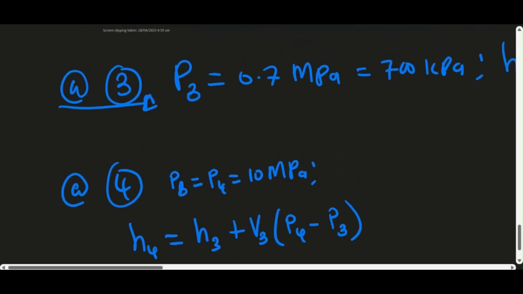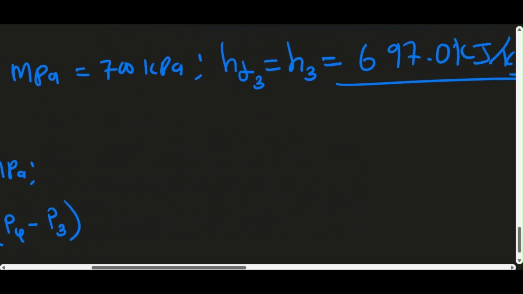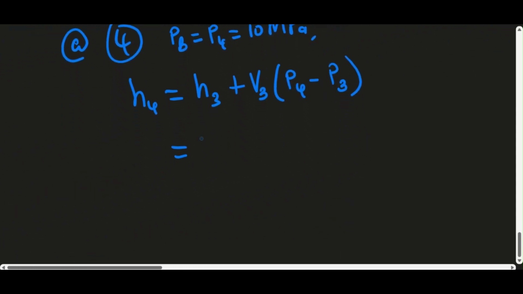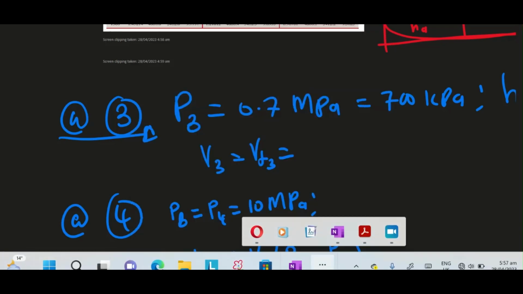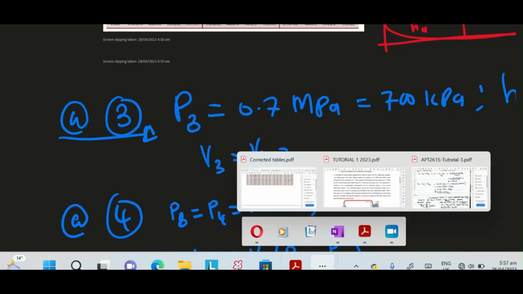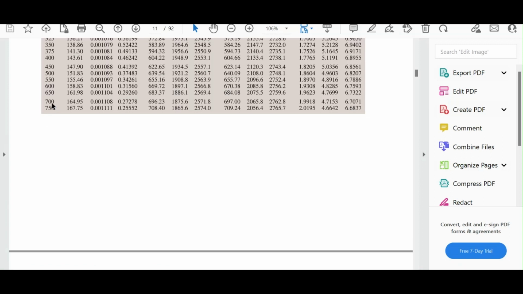What is H3? 697.0 plus, did we get V3? Nope. Let's get V3, which goes to VF3. That is VF3. Okay, 0.001108.